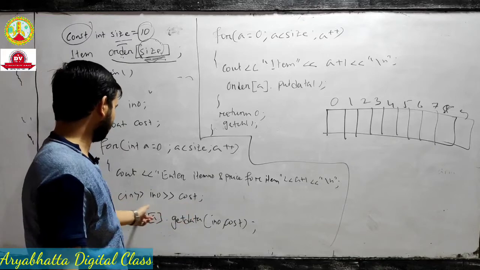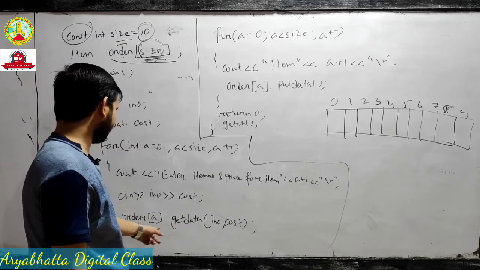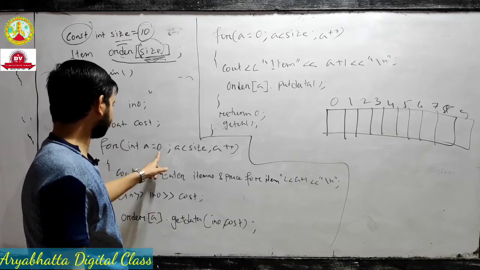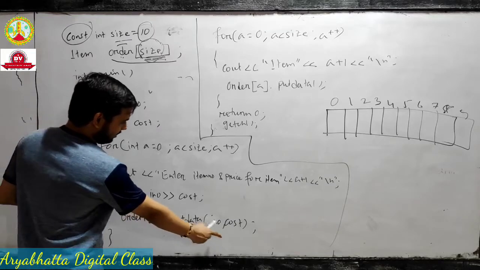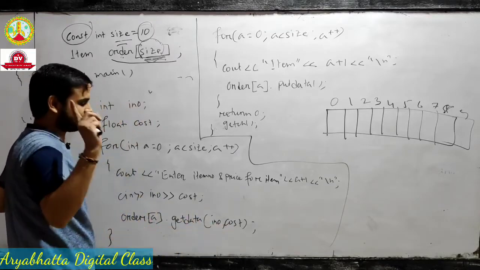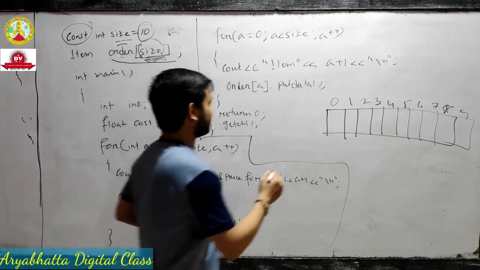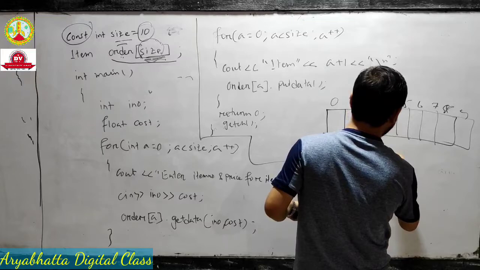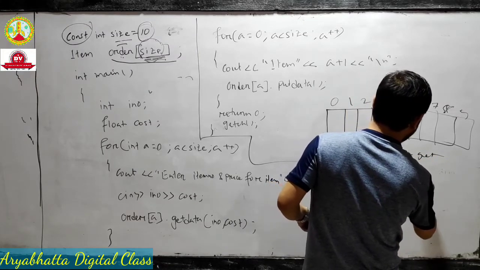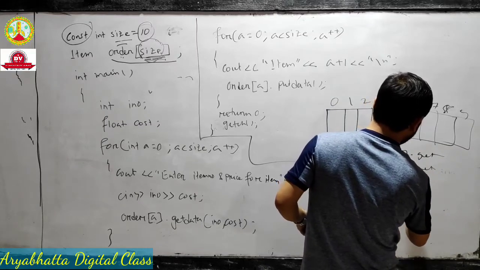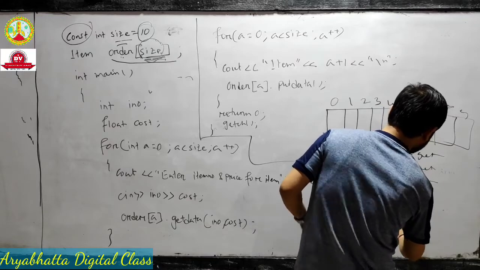cin item number, cost, these will be the input values. Okay, order a dot get data. Order is the object, and a is a value from 0 to 9, which means this object will access the input how many times? 10 times. First it will be accessed like this: order 0 dot get data, next order 1 dot get data, next order 2 dot get data, and last of all, order 9 dot get data.